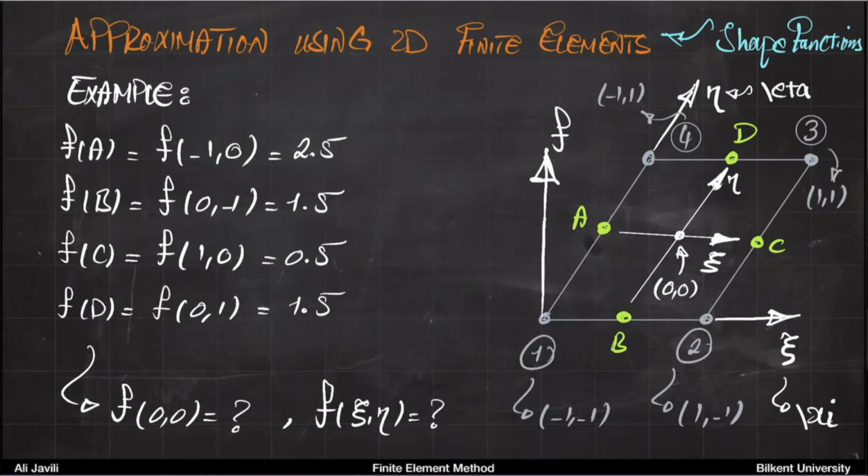But I also want to show you a variation of this example that may be more friendly for you. This is exactly looking like the same thing, but now I'm going to change these corners. So instead of assuming A, B, C, D to be here, you can assume them to be on points 1, 2, 3, 4.